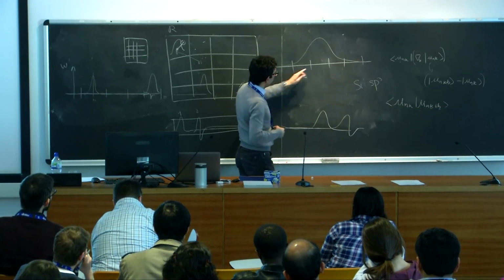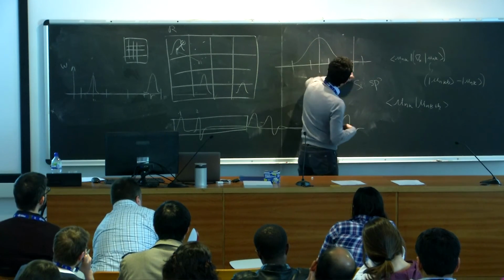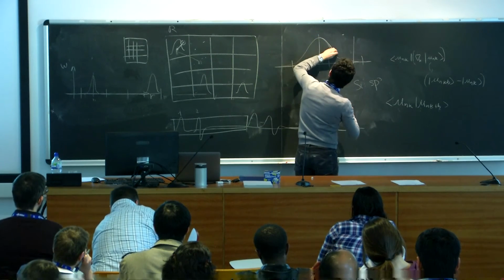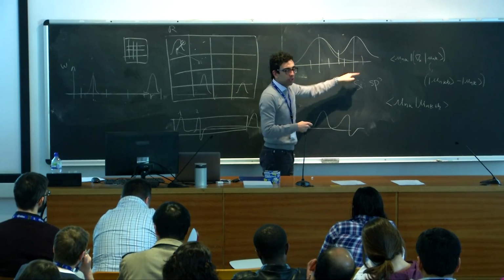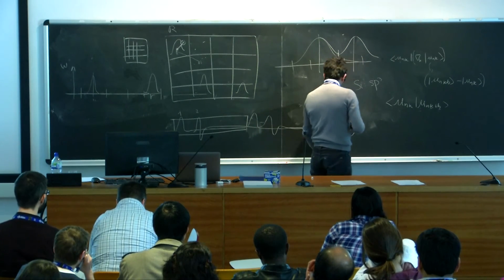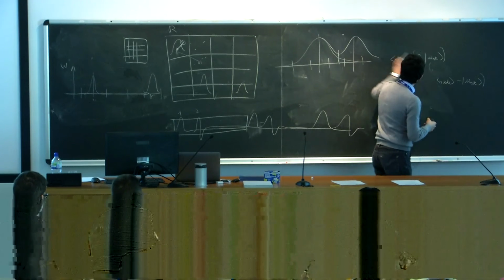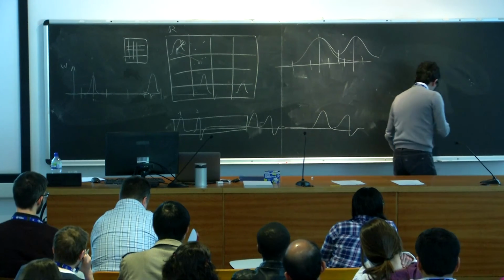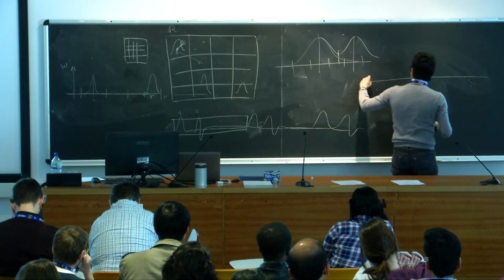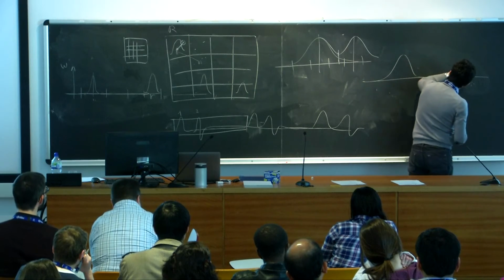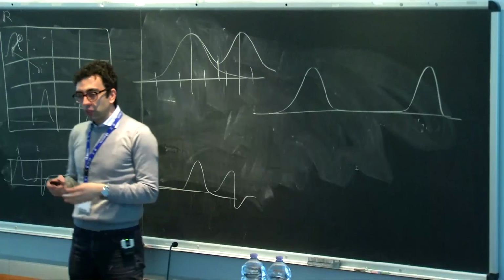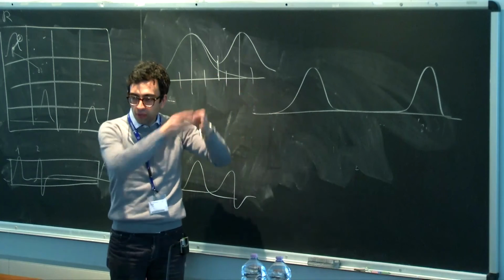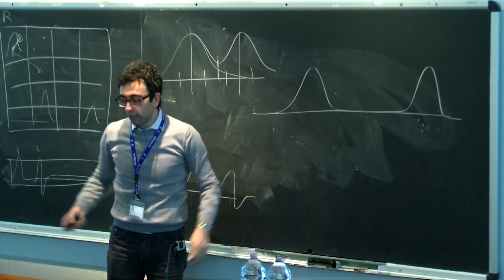With a 2 by 2 sampling, you're actually summing another copy here, so you get some error. The function doesn't have the time to go to 0. So you want a sampling which is dense enough that your functions have the time, in a sense the space, to go to 0 very well, and then you have another copy. And when you do the matrix elements, these are exactly the same as the matrix elements of a function which really goes to 0 at infinity.